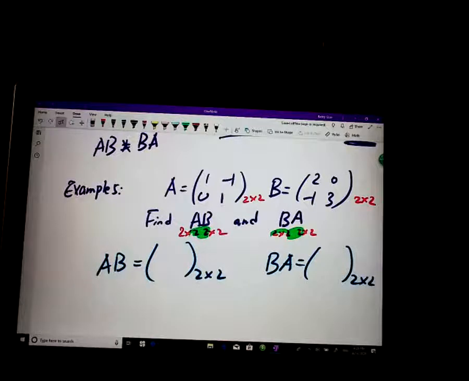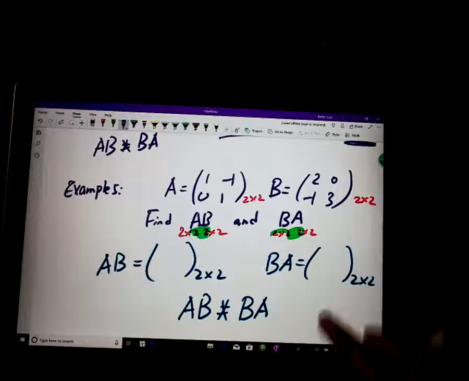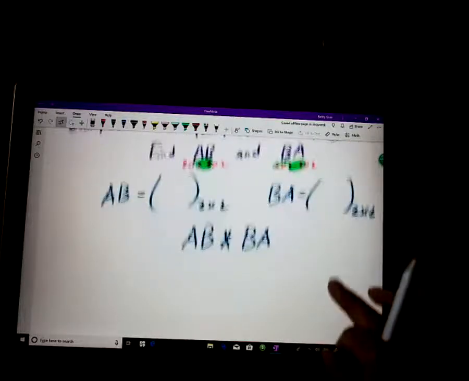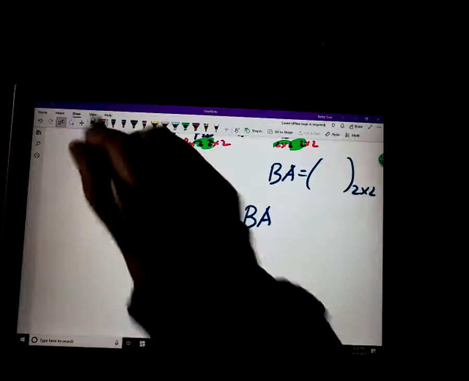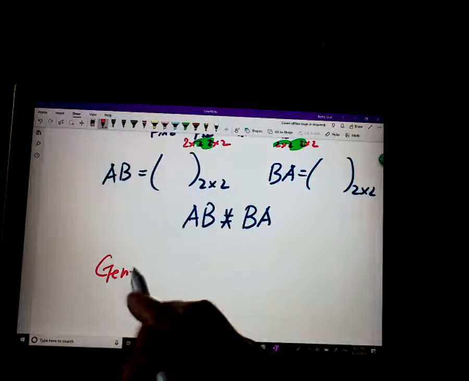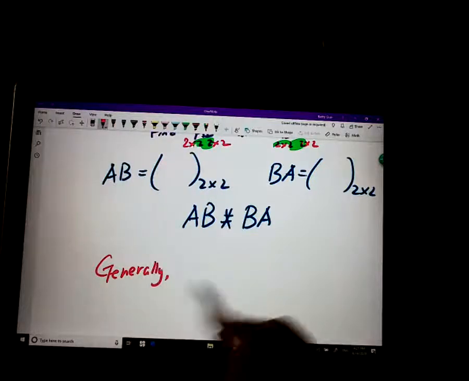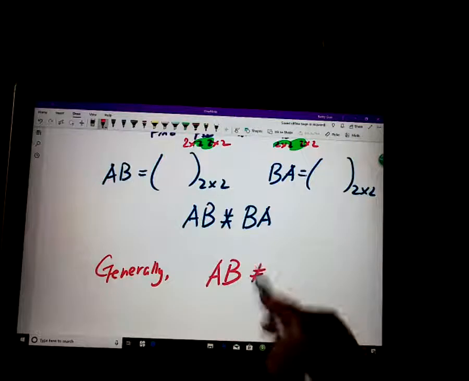However, if you practice here, you will find A times B and B times A are not equal to each other. So from those examples, we can derive a very, very important fact. The conclusion is generally AB is not equal to BA.